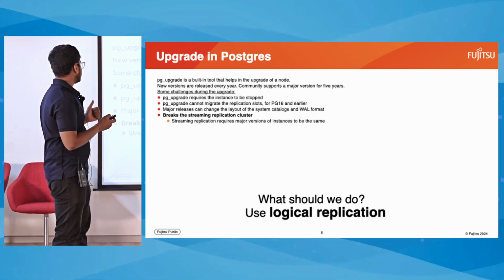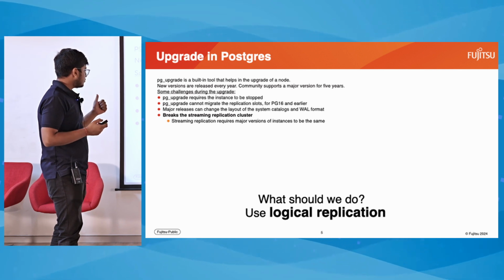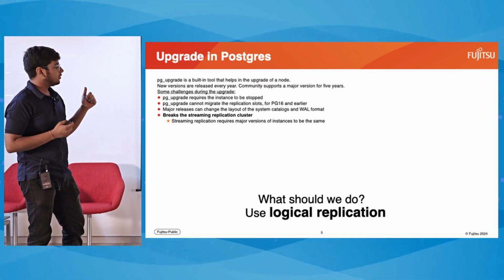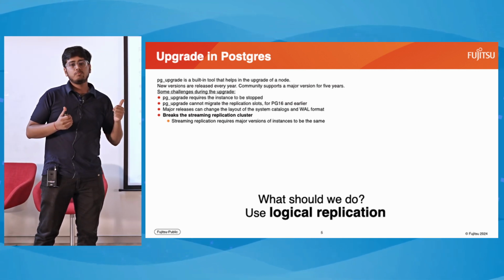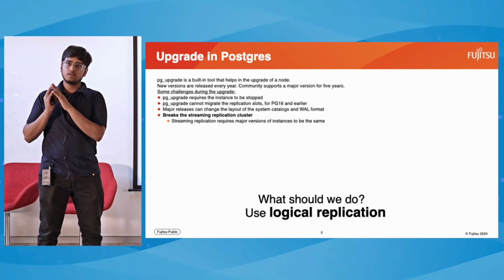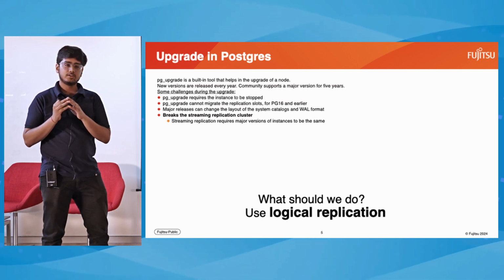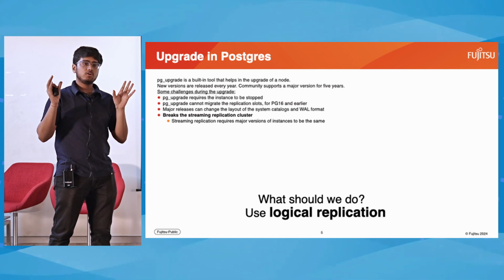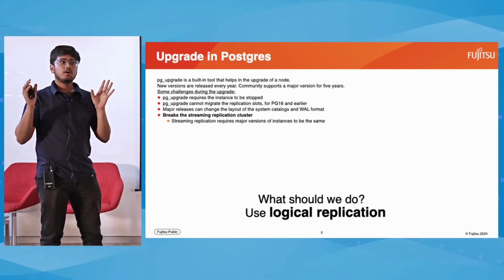One main issue is that during upgrade, the streaming replication is broken, because the basic requirement for streaming replication is that both clusters, the upstream and the downstream, should be on the same major version of Postgres.